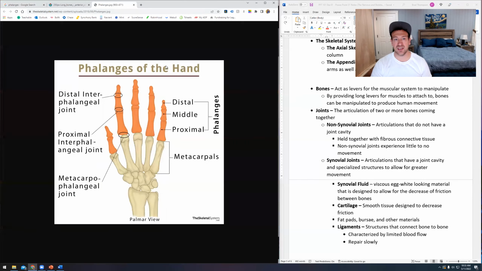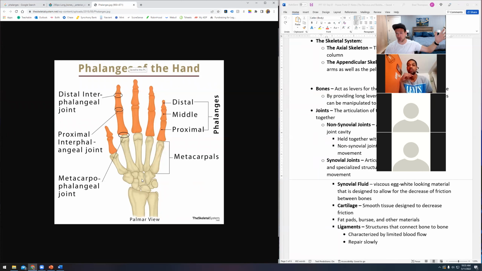Obviously this tip of the finger is not as long as my femur, but the shape of it is longer than it is wide, whereas these bones are the same in length and width, so they're kind of like a square. That's how you get the difference between long and short. They don't need to be 12 inches long to be considered a long bone. They just need to be longer than they are anything else. Does that make sense?